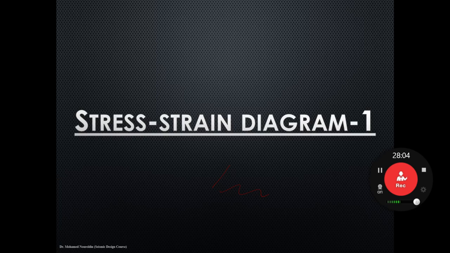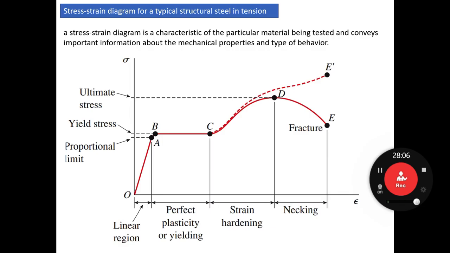I was talking about the stress strain diagram, and I mentioned the different phases that you are going to find on this diagram. We said that we have a linear region up until point A, which we call the proportional limit. After that, there is a decline in the slope between point A and point B, where the yield stress of the material starts.